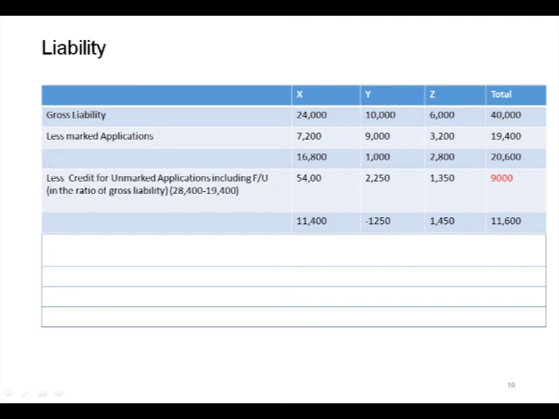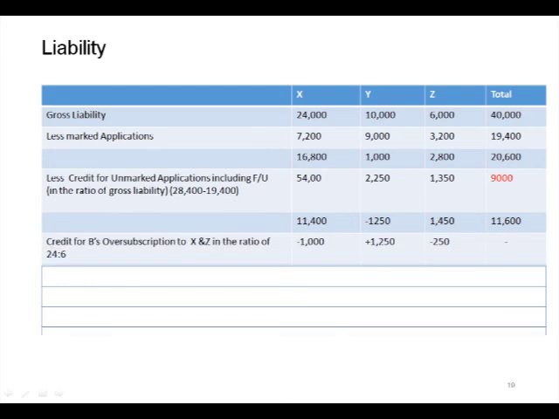Now we shall again give them the advantage of distributing the surplus or the minus obligation of Y among the X and Z. So this is in the ratio of their gross liability of X and Z, that is 24:6 or 12:3.